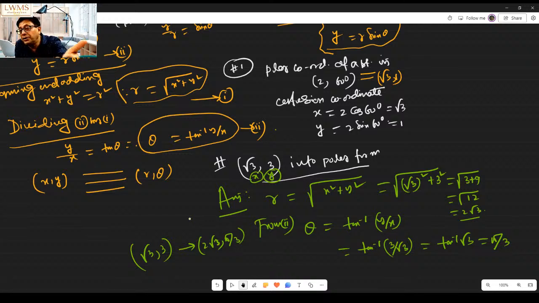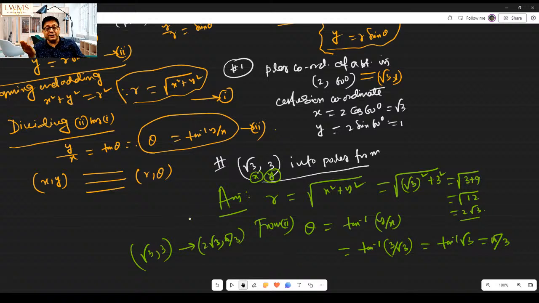Now why are we going to introduce it in the complex plane? The complex plane is actually a two-dimensional plane only. Since we are representing a complex number, the imaginary part will be along the y-axis, the real part along the x-axis. There is no contradiction.